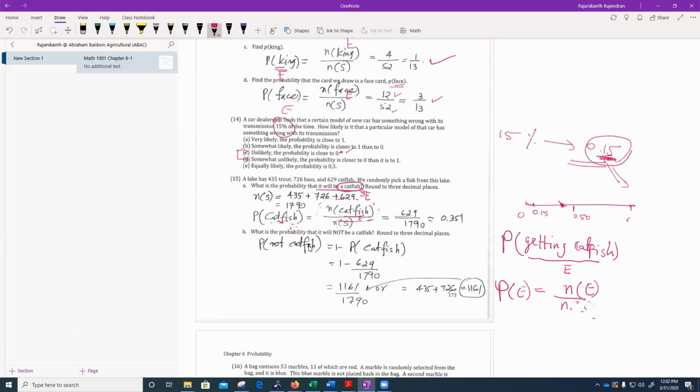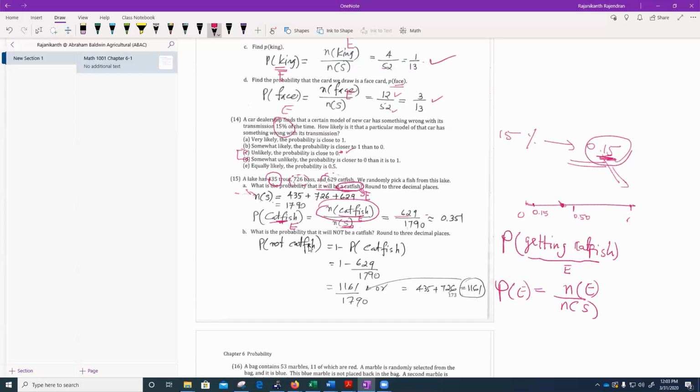Over, what is my sample space? Remember, sample space means you are collecting all the possibilities. So there are 3 possibilities. If you collect all 3 numbers and add them, that is going to be your little n(S). Remember, little n means the total number. You are just adding all 3 up. So n(catfish) is 629. n(S) is the total of these 3 numbers. Put down, that is the fraction you are getting.